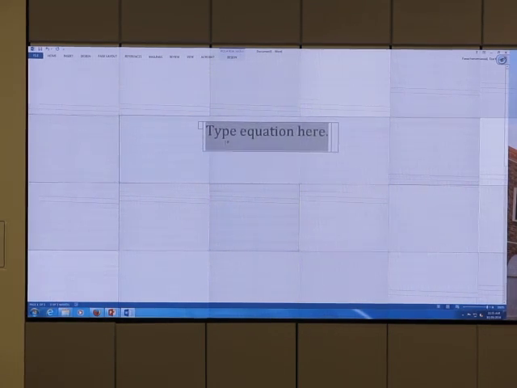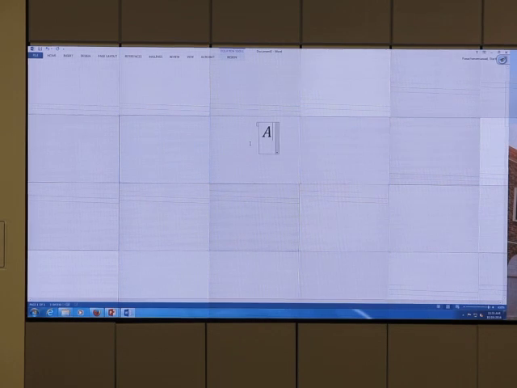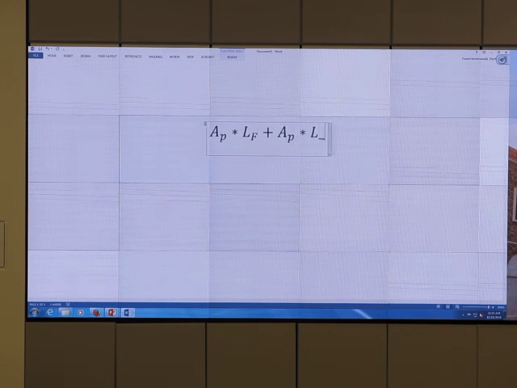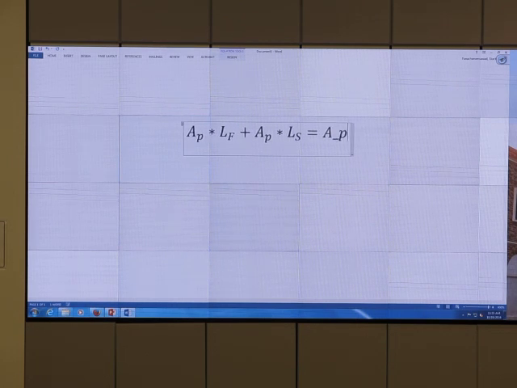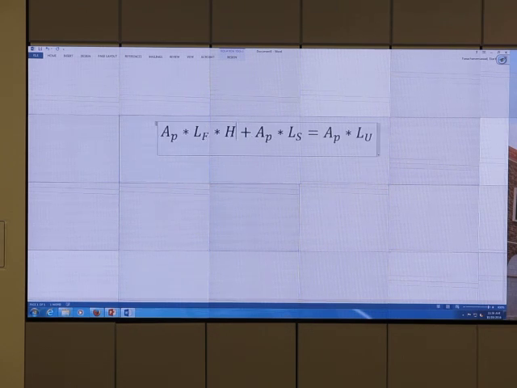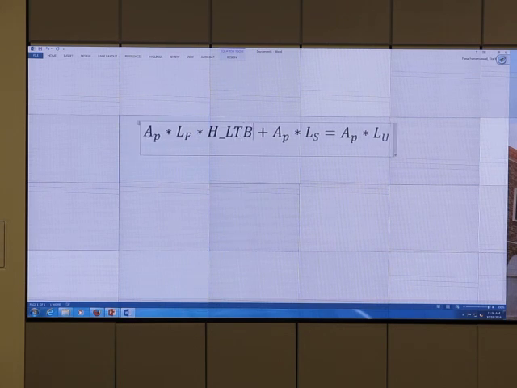Okay. How about this? AP multiplied by LF plus AP multiplied by LS equal to AP LU. Okay. If you think about the liquid part, this is a whole pipe volume, right? If you think about liquid part, you multiply this by H of LTB, right?